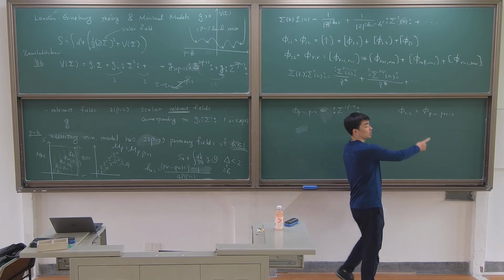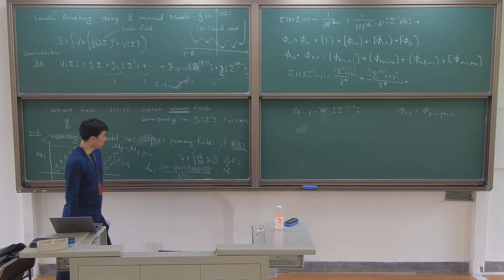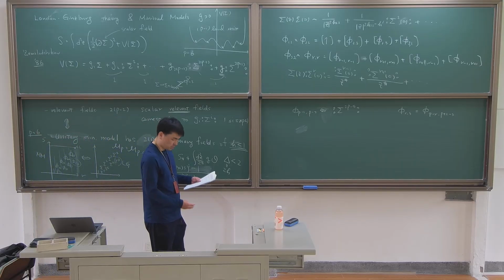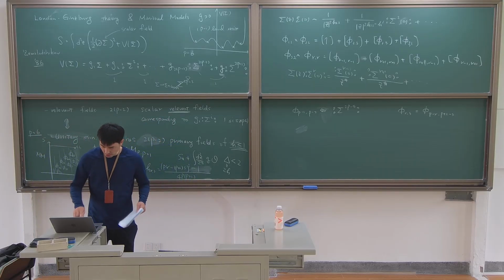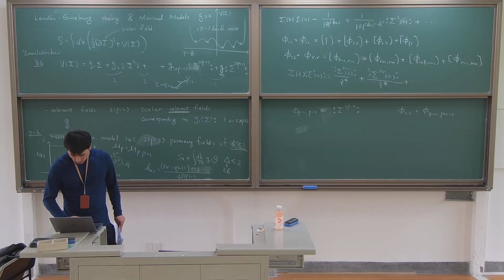That's the symmetry the minimal model has because of this property. I hope I don't make a mistake. Yeah, I didn't make a mistake.